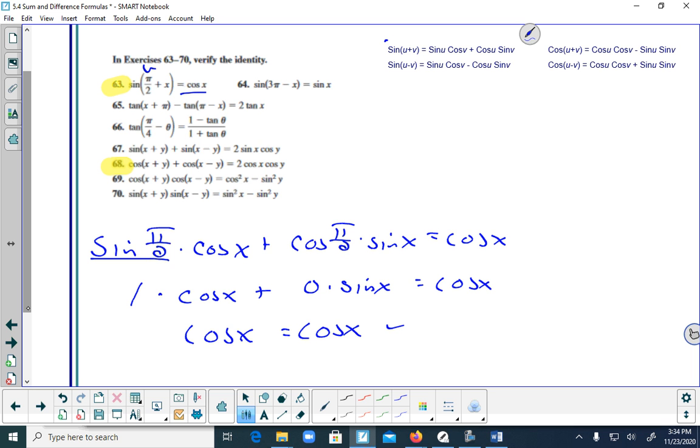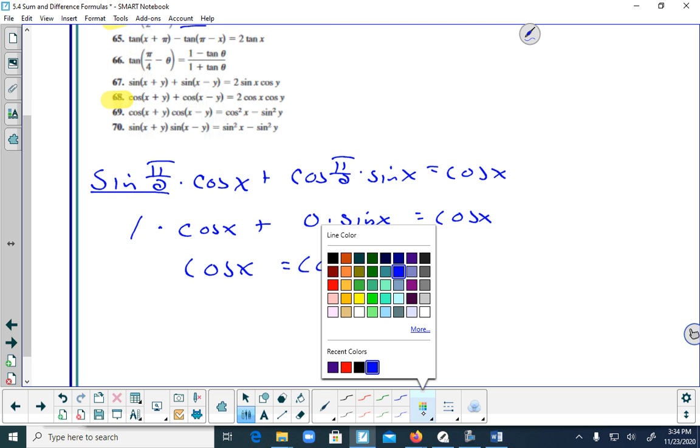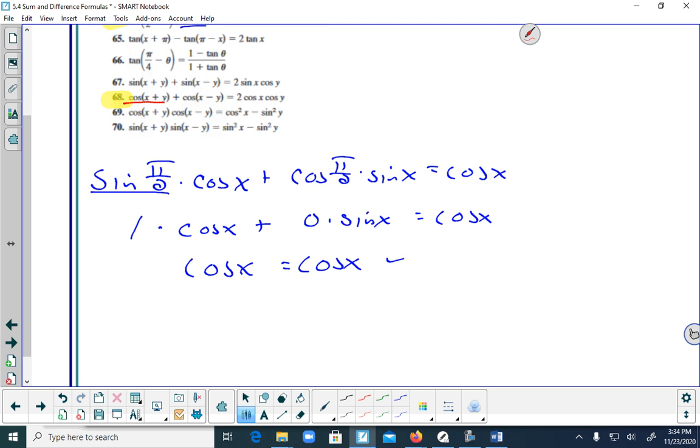Remember, you're not allowed to add, subtract, multiply, or divide anything to both sides of the equation. 68 is the same thing, except I'm doing cosine of x plus y plus cosine of x minus y is equal to 2 cosine x cosine y. So let's separate it. I'm going to try and color code, see if that'll help. The cosine of x plus y will be the cosine of x cosine y minus the sine of x sine y.